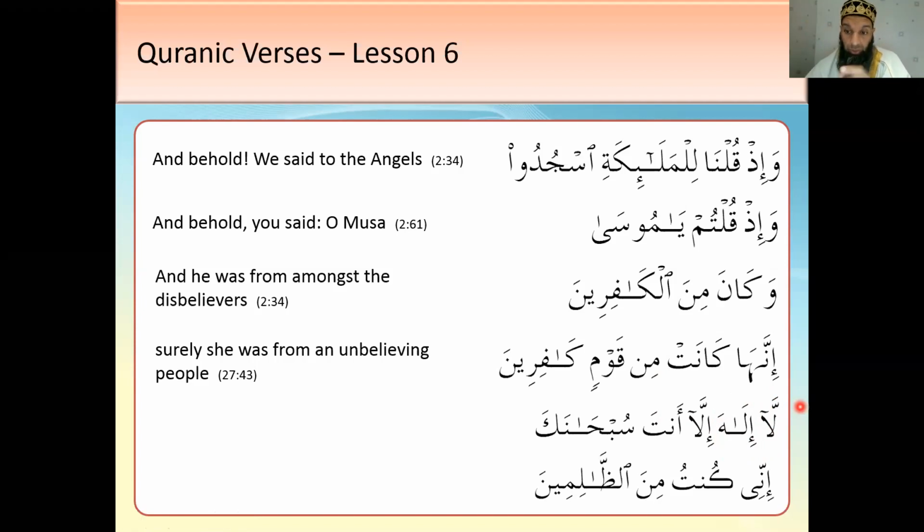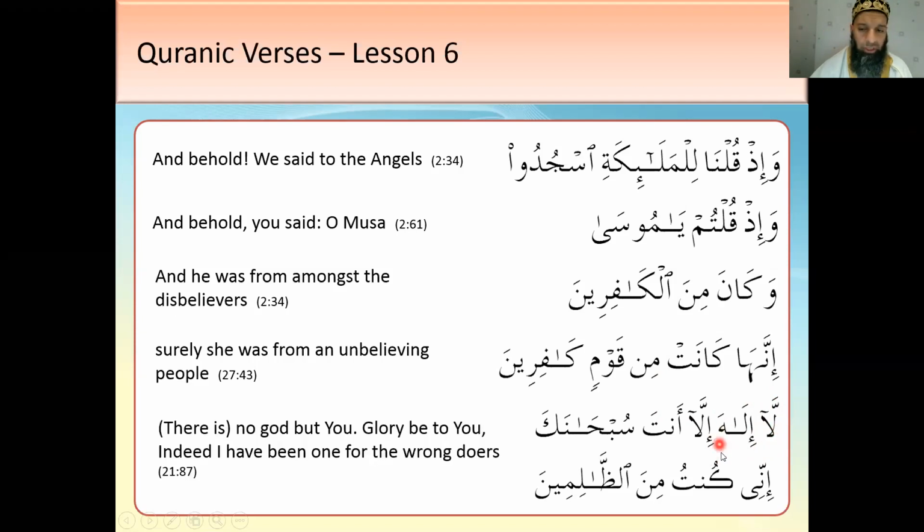So this one, la means not. Ilaha, what's ilaha? God. No God. Illa means except. We've not learned illa, but let's learn it now. So la ilaha, no God, illallah, except Allah.